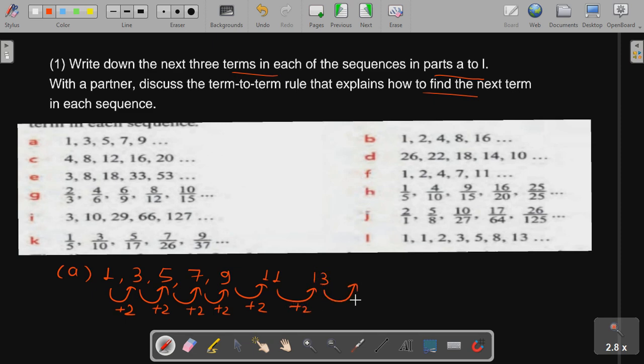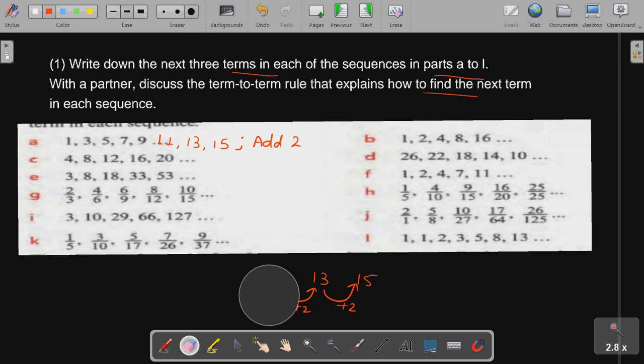The next three terms are 11, 13, and 15, and the rule is add 2 to the last term, and we will get the next term.